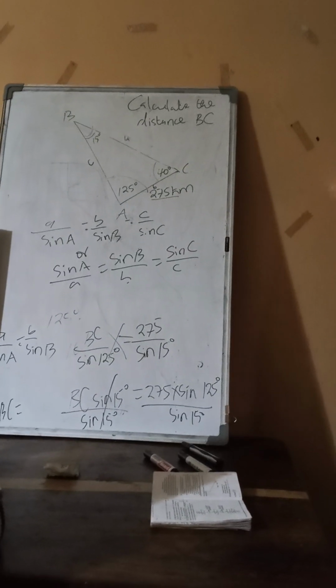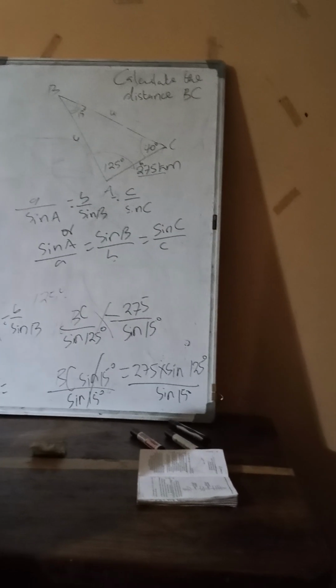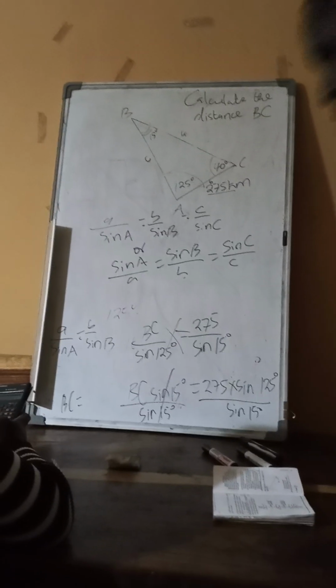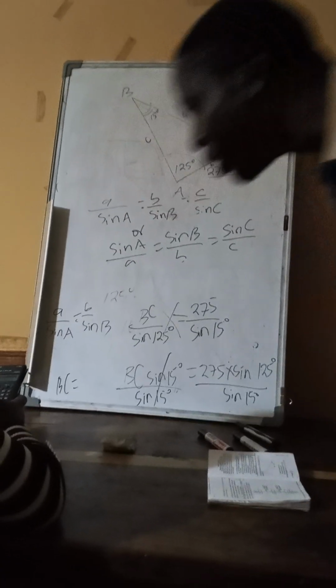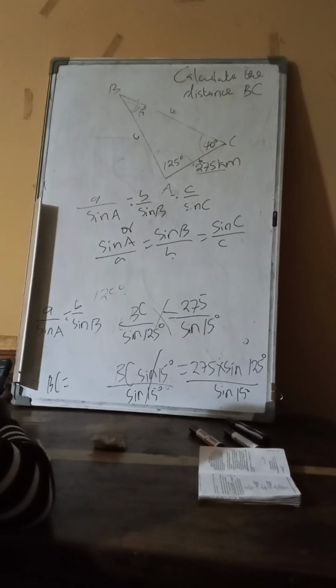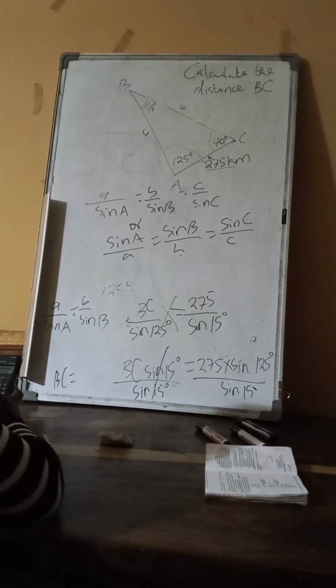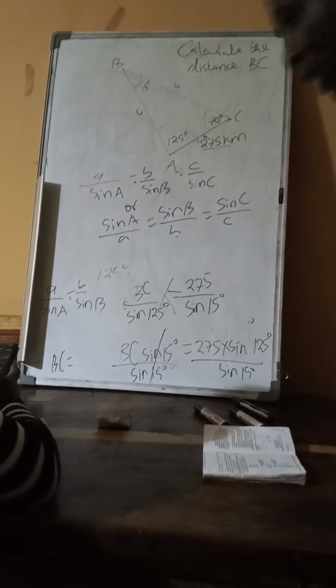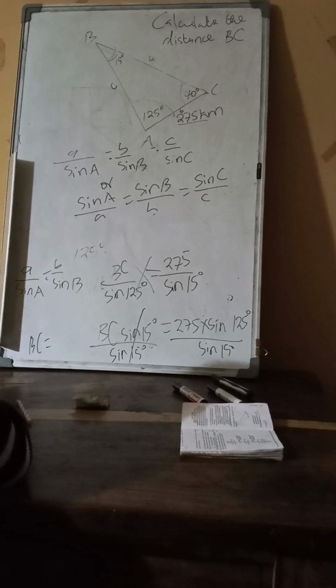275 times sine 125, then divide by sine 15. What do you get? 870.